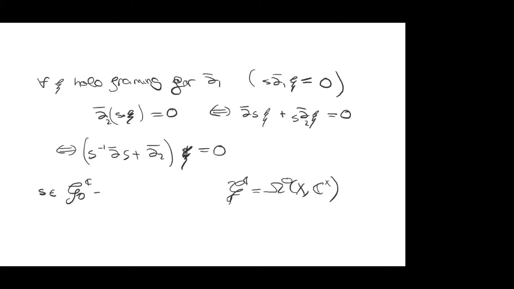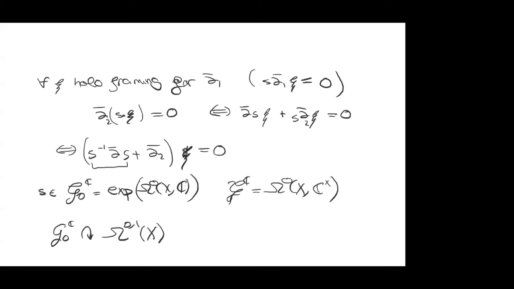And its connected component is just given by the exponential of maps from X to C. Well, in this case, we are seeing here that this isomorphism notion is just acting by the connected component by translating by a boundary.